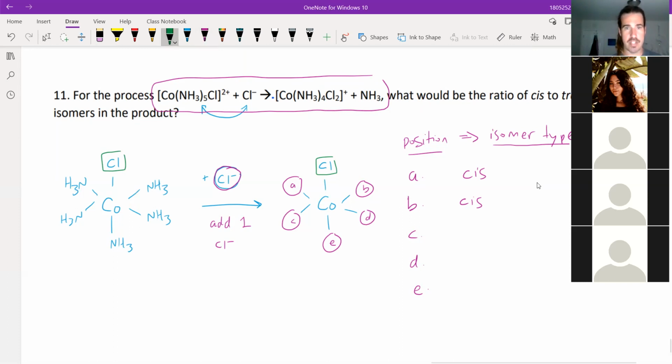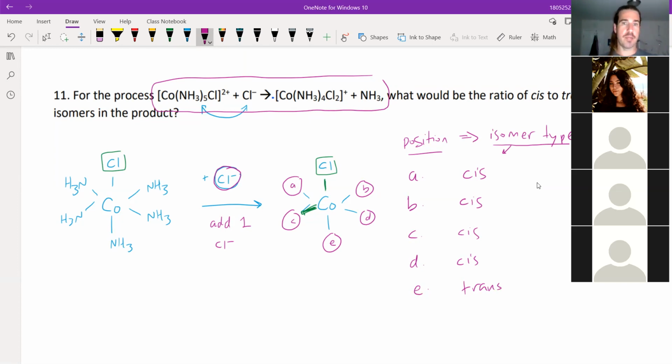So the angle between this C and this one is still 90. Oh, right, okay. Because again, we're just looking at it. But trans is only when it's 180, right? So it would only be at position E. Exactly, yeah. So the isomer type you would expect would be A through D would give you cis, and only position E would give you a trans isomer, right?